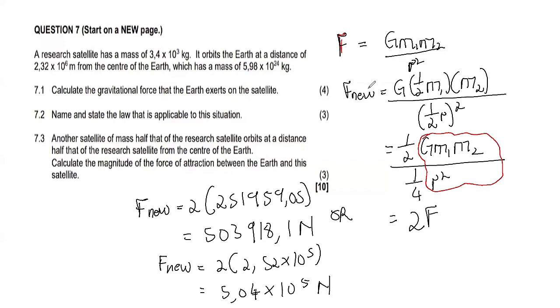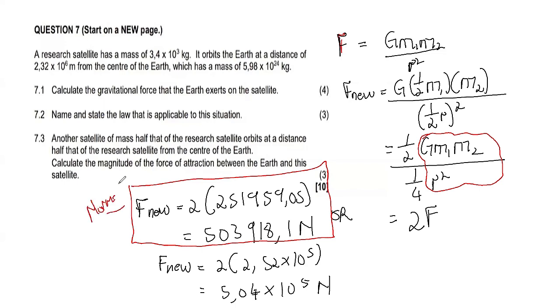So it's just a matter of whether you used the one that was in normal form or the one that was scientific. So note, these are for the ones with the calculator in normal, and this is for the one with the calculator in scientific. Okay, so that's how you were supposed to go about answering this question, all for a total mark of 10. So I hope that makes sense.